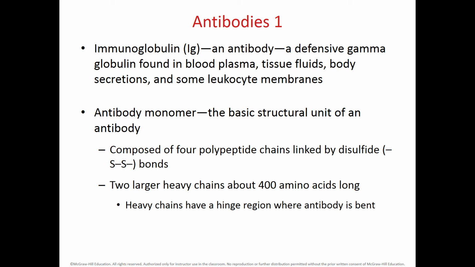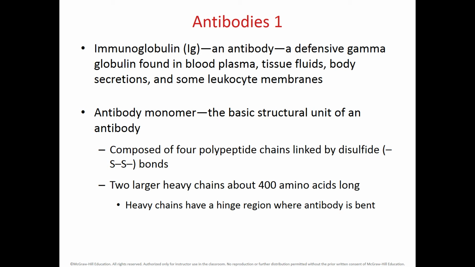So now let's talk about antibodies. Antibodies are proteins found in our plasma. These proteins, these immunoglobulins, are produced by activated B lymphocytes or plasma cells. Another name for immunoglobulins is gamma globulins.